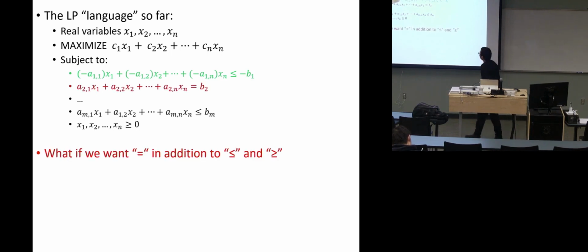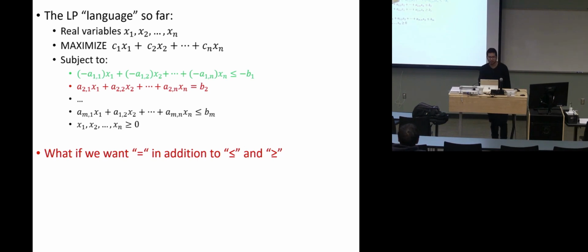So what if we want to have equality? How can we convert this into standard form? You have both positive and negative, so that's less than or equal to and greater than or equal to, so it's equal.